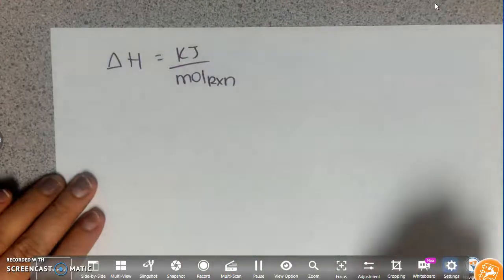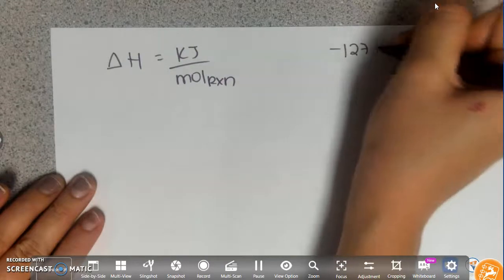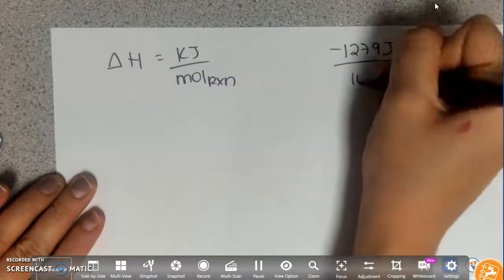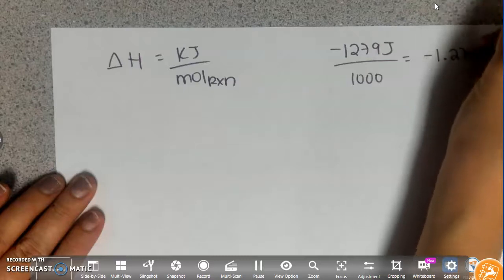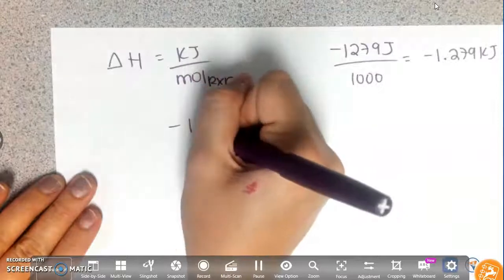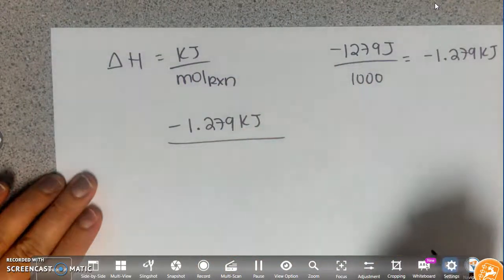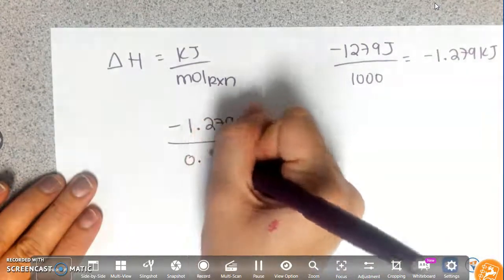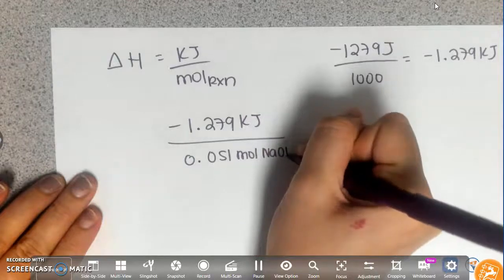So right now, my heat is in joules, negative 1279 joules. I have to divide that by 1,000 to make it kilojoules. So negative 1.279 kilojoules, and divide that by my moles, which is 0.051 moles of NaOH.